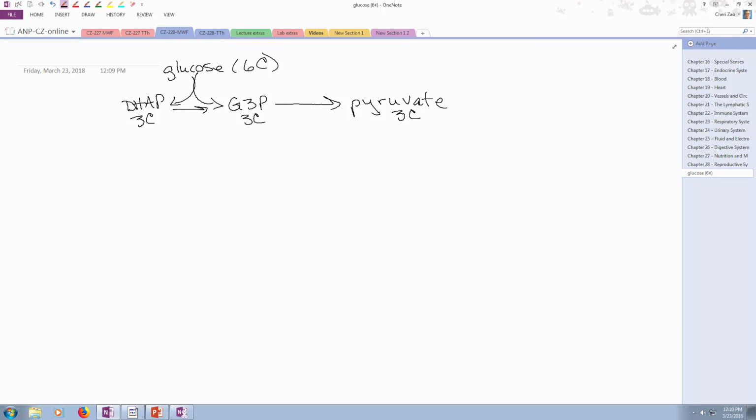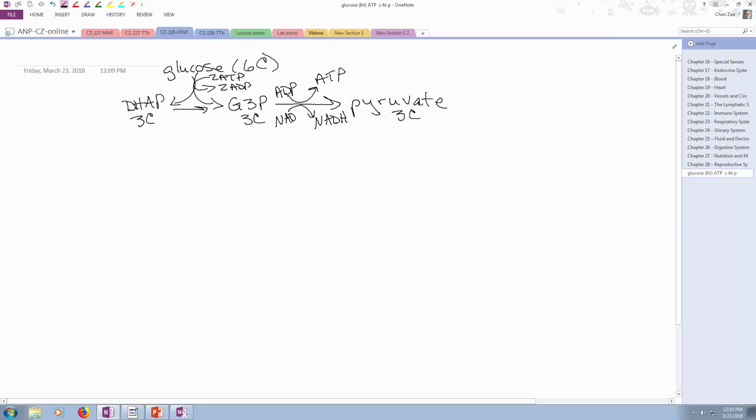And so we are going to start off using 2 ATP to actually get this wheel or process going, and we'll get 2 ADP. The other thing that I want you to do, when we make G3P, we will end up with ADP being converted into ATP, and we'll have some NAD being converted into NADH.